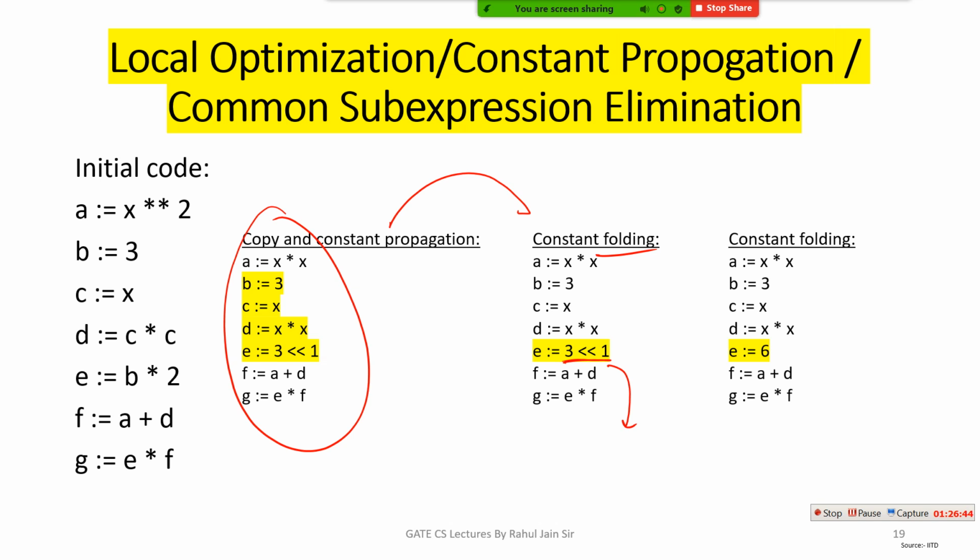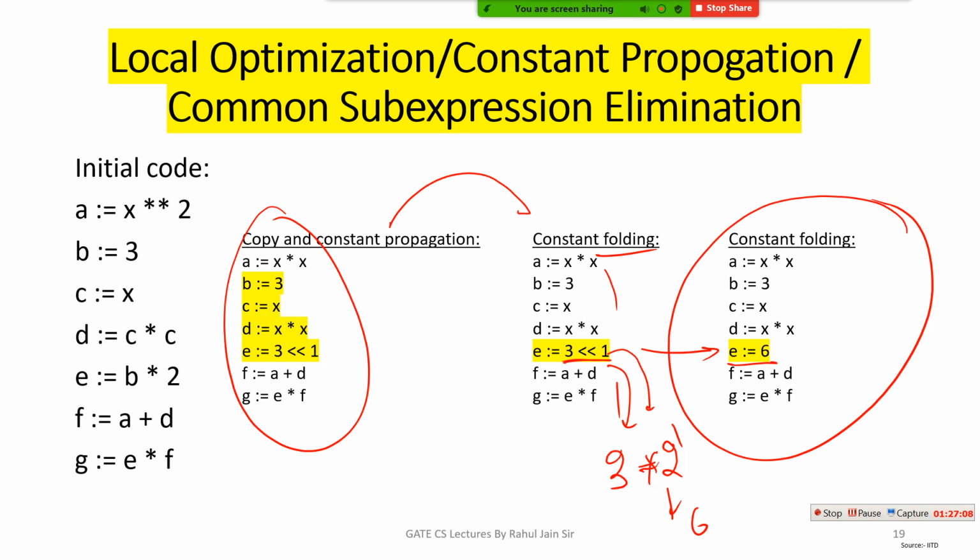What result will it hold? 3 into 2 to the power 1, because it is a shift left. It simply means 6. So I replace the value of e with 6, and all the remaining statements stay the same in constant folding.